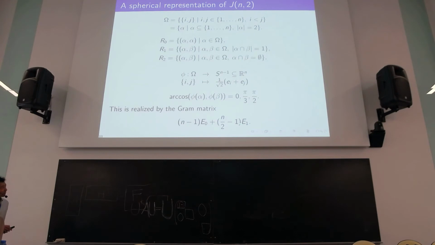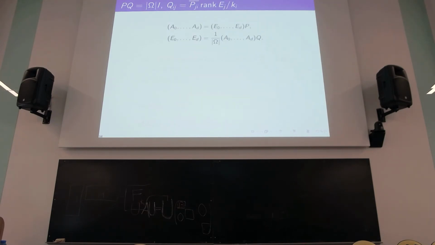I didn't specify what E1 was, but in the problem session I mentioned how you get E1. Also, Dazhao correctly answered in the problem session last night that the rank of E1 is n minus 1. And the rank of E0 is, by convention, 1, that is the all-ones matrix. So the rank of this matrix is 1 plus n minus 1, which is n. So it certainly spans this Euclidean space.